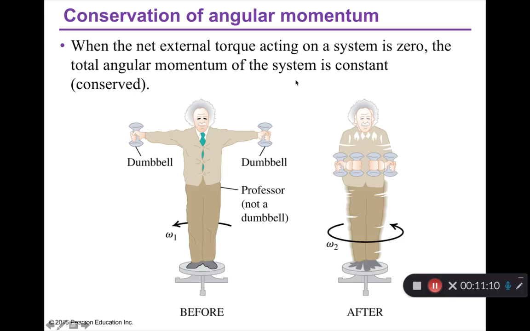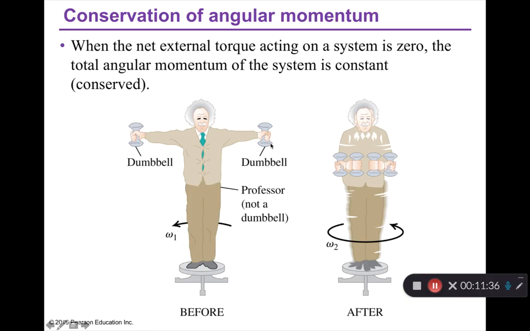Angular momentum is always conserved when the net torque acting on a system is 0. So imagine Einstein here is rotating around. We actually do this in the lab when we could meet face to face, but we won't be able to do this time. So he's rotating around, holding the dumbbells way out here.